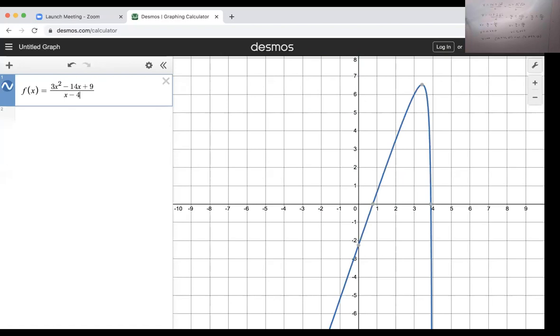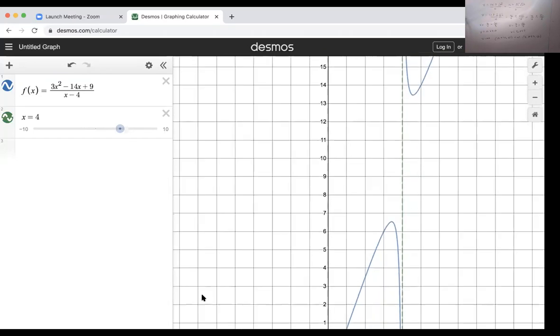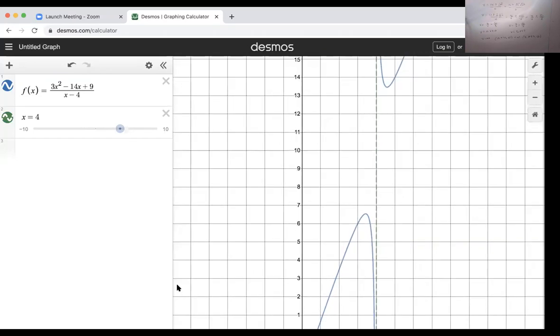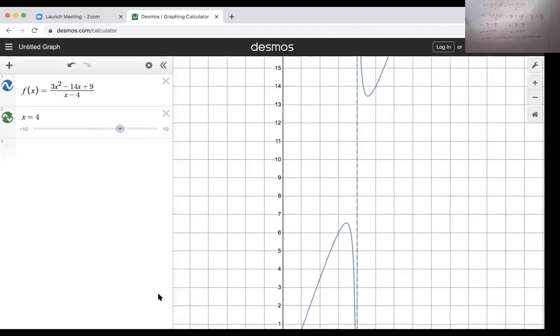Okay, so we said that 4 was not in the domain. We said we had a vertical asymptote at x equals 4. And that looks good. But again, I can't see what's happening to the rest. Ah, there we go. So there's the other part of the graph that we're working with.